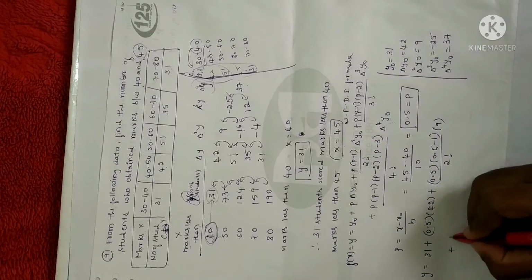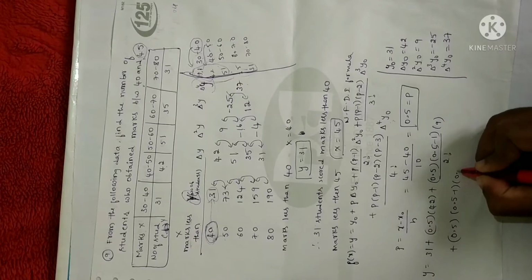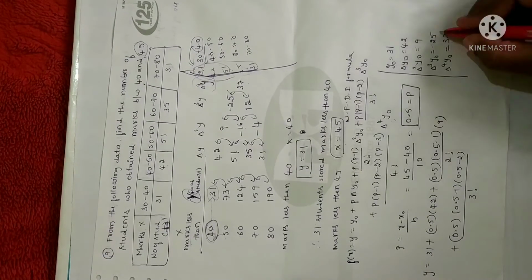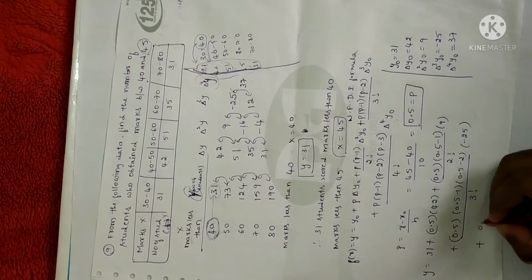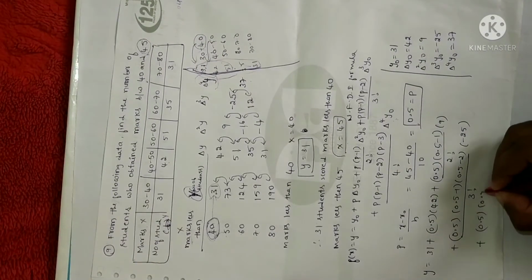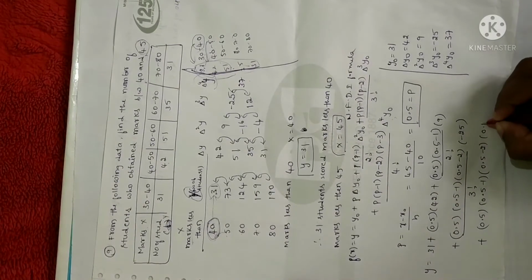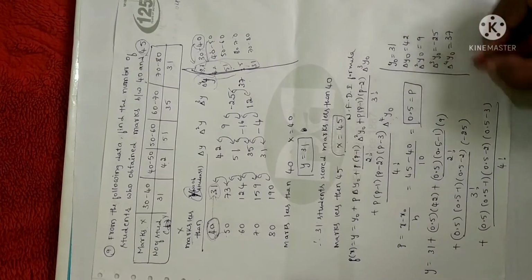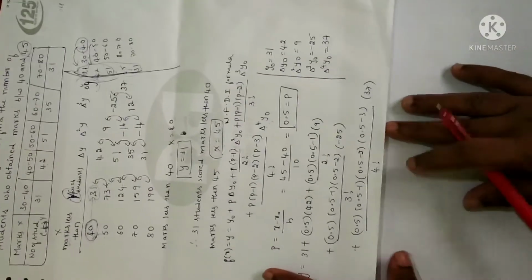Next term, 0.5 into 0.5 minus 1 into 0.5 minus 2 divided by 3 factorial into delta cube y naught, minus 25, plus the last term, 0.5 into 0.5 minus 1 into 0.5 minus 2 into 0.5 minus 3 divided by 4 factorial into delta power 4, 37. So whatever the data is, I have made the substitution.